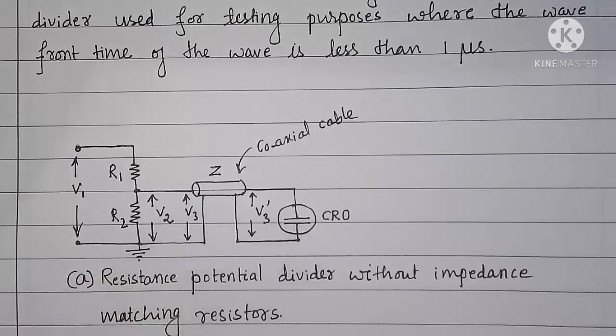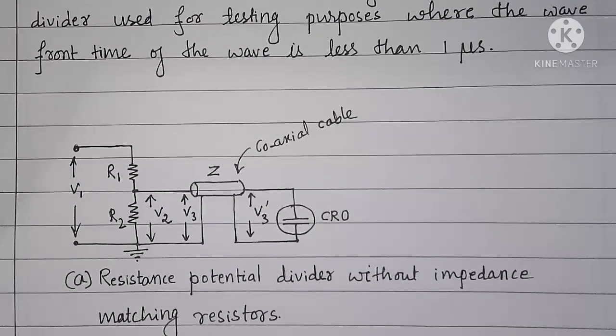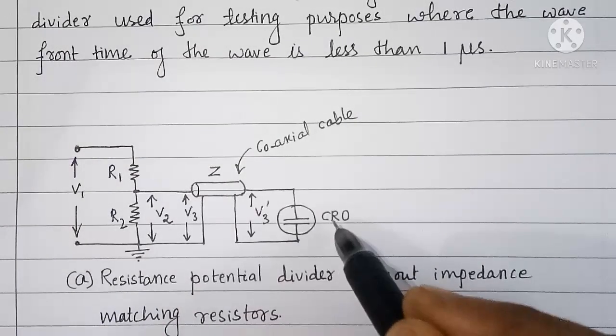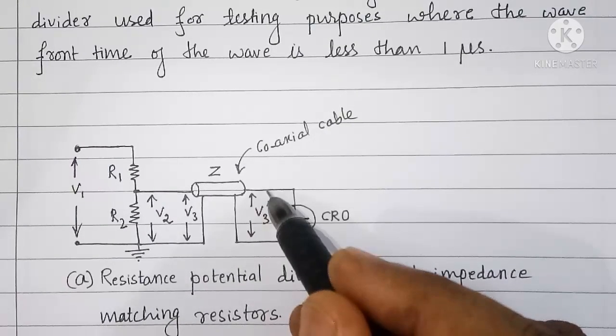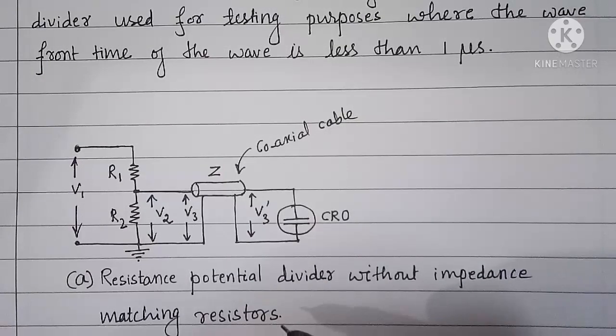Here in this arrangement, no impedance matching resistors are used, and the CRO offers infinite impedance to the input voltage.